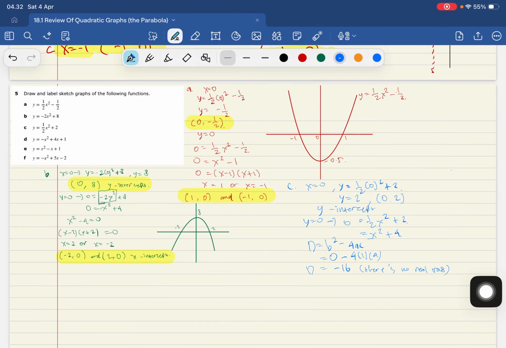So I will sketch here. What are we going to do if there are no real roots? The graph is not going to touch or cut the x-axis. So it's going to look like this.